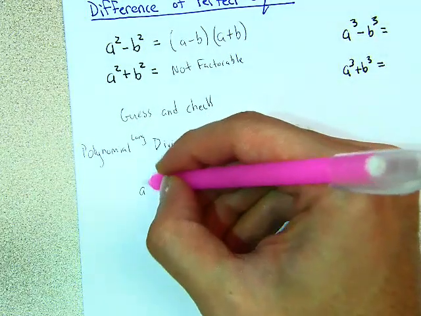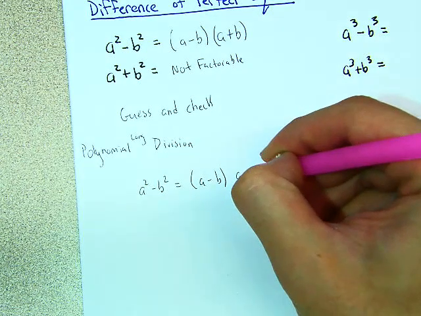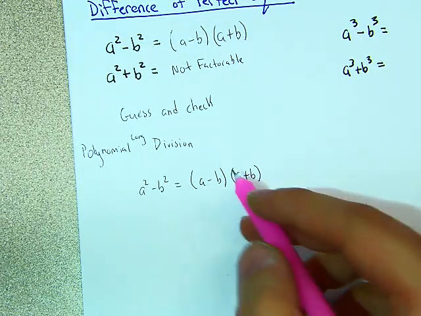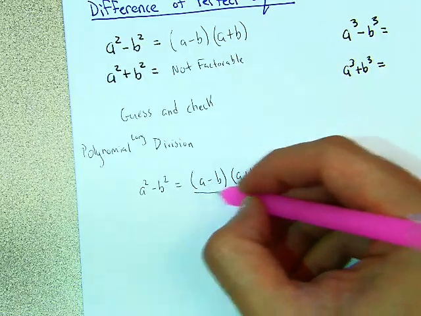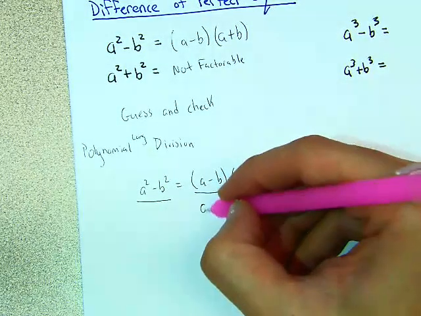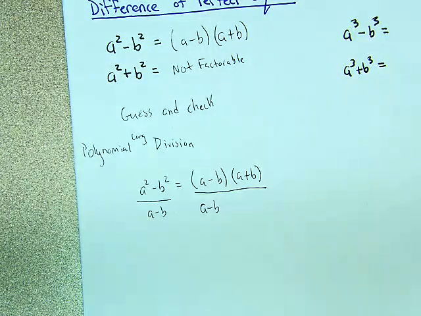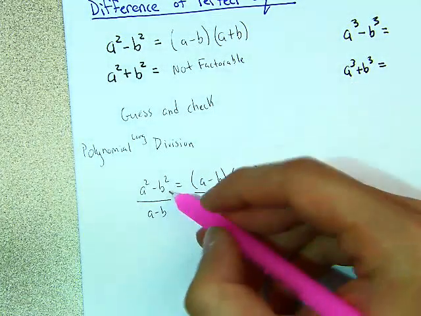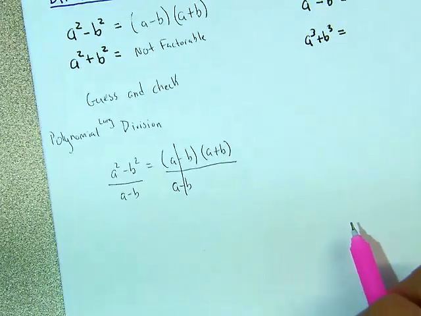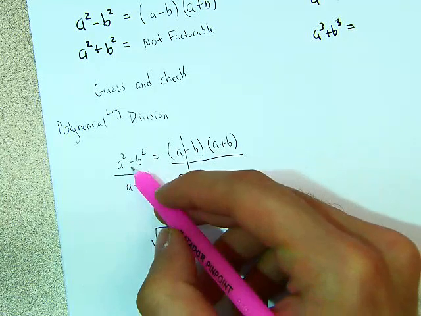If a squared minus b squared is equal to a minus b times a plus b, then let's divide both sides by a minus b. What do we get? That this has to equal a plus b. And how can we check that? Polynomial long division. Let's actually divide this and see what happens.